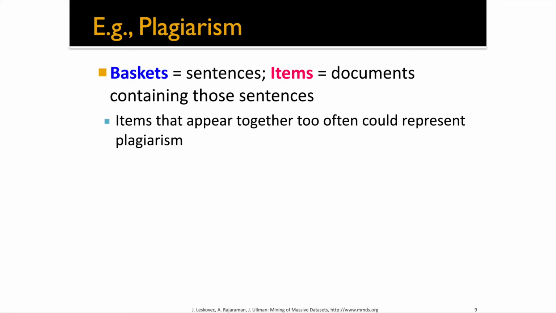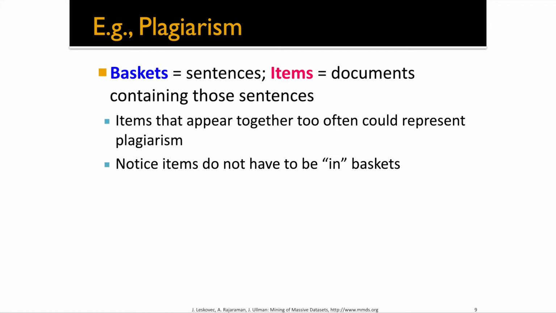So if you know something about these sentences and this document tends to have all these same sentences in it, then why might that be the case? That potentially the sentences were taken or cribbed from some other source, and there's something suspicious about this document.